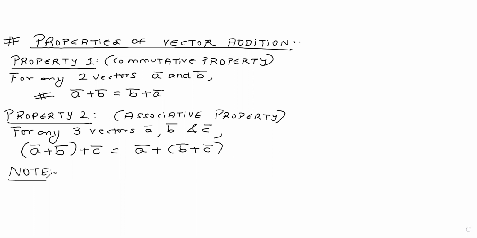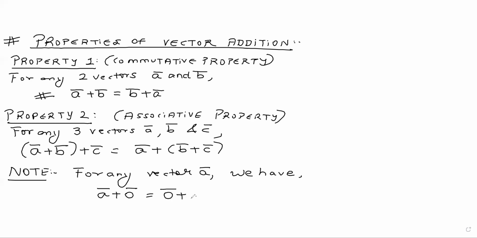For any vector A, we have A bar plus the 0 vector is equal to the 0 vector plus the A vector, which is equal to the vector itself.